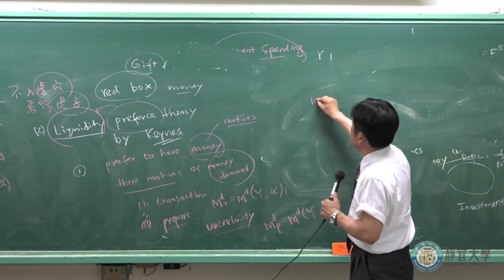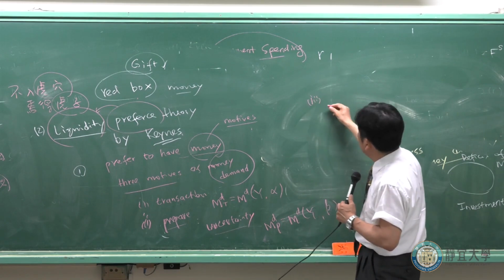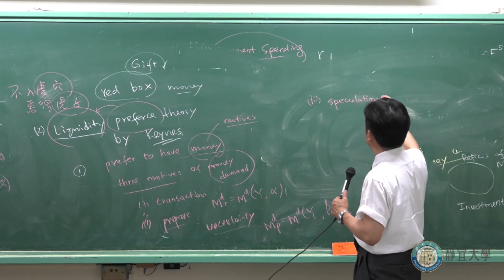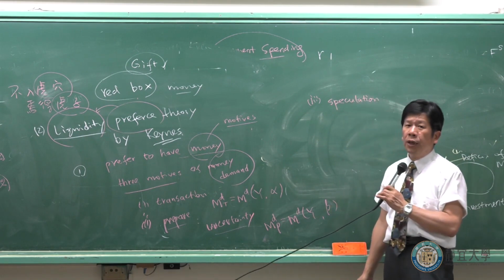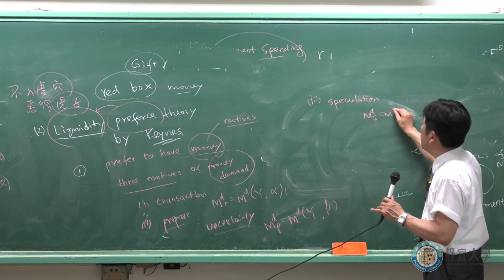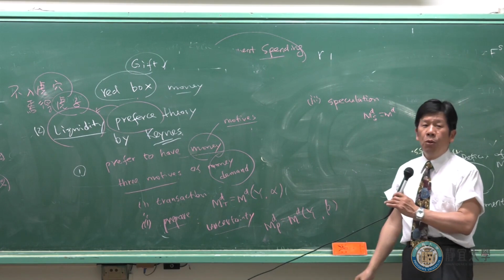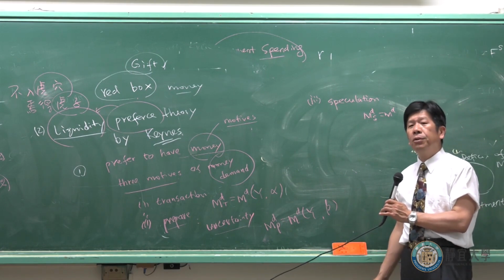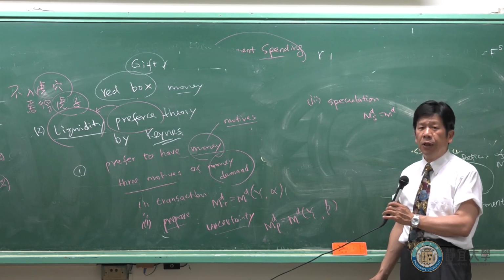Okay, the third one is for speculation. Okay, you want to have money for what? You want to do some investment, or you want to buy some stock.